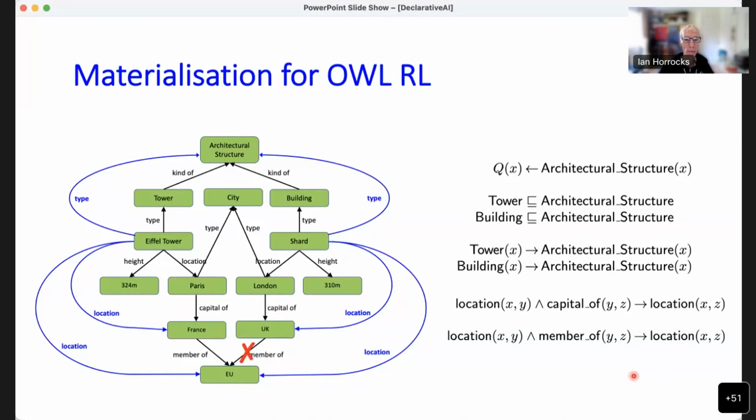So if you recall, I had this example where sadly we have to delete this edge here because the UK is no longer in the EU. And when we do that, we really should delete this edge as well, because this entailed edge depends on the existence of this edge here. But this requires some sort of truth maintenance, and that's not so easy.